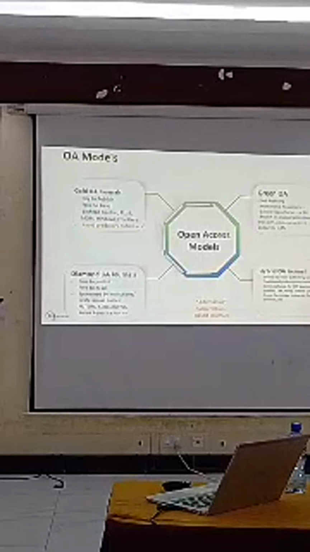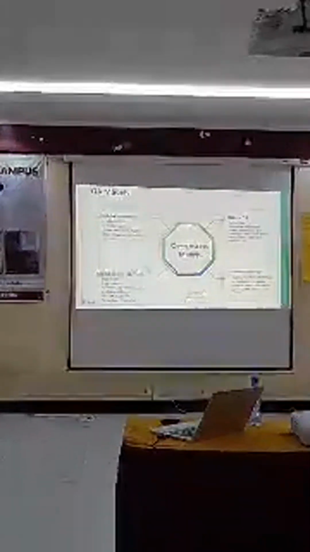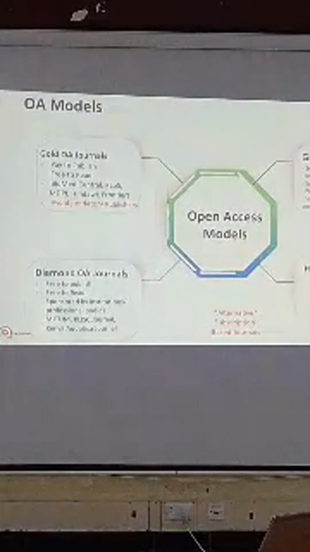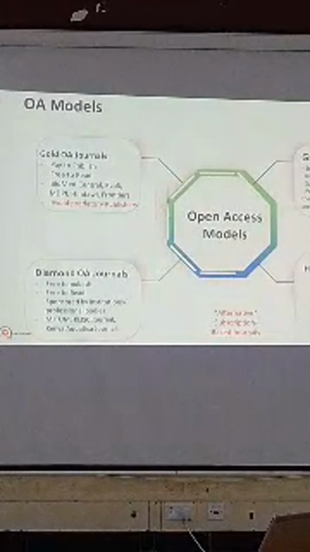The gold open access journals, we have them at the top there. This one, they charge you to publish. So you pay to publish. And then it's free to read. So these are purely gold open access journals. There are some very good, trusted gold open access players.